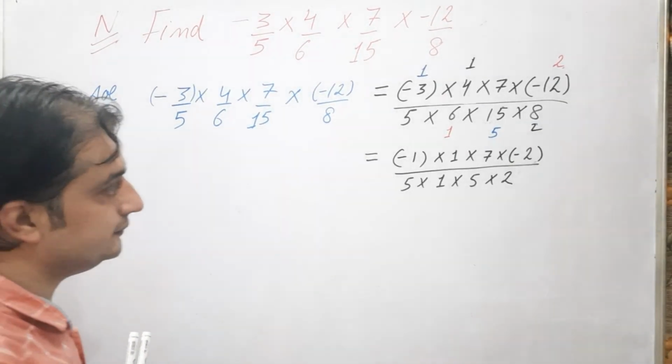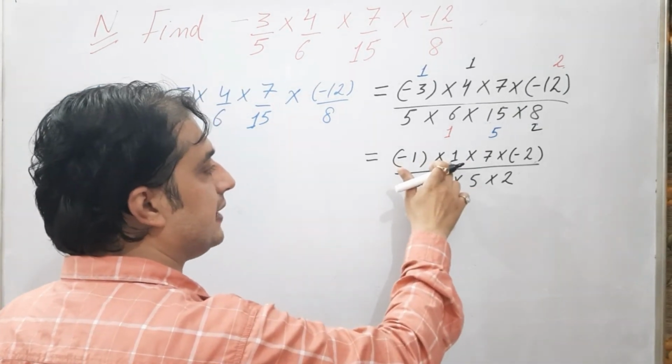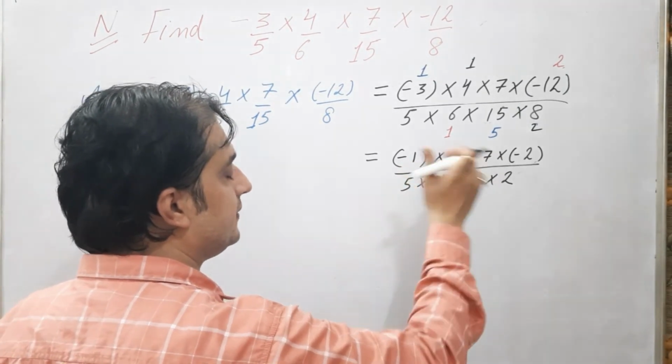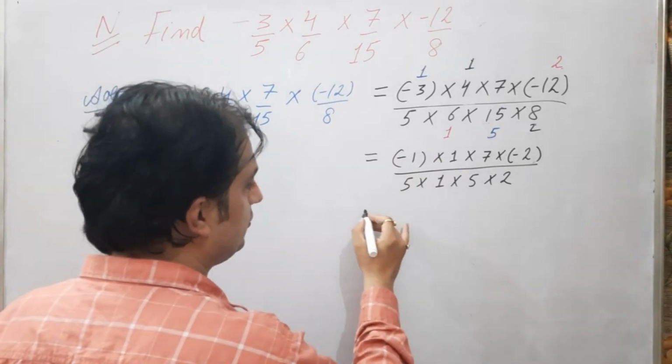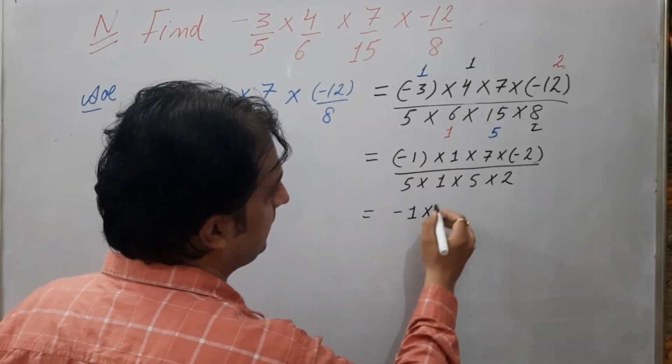So multiply 1 by 1, positive, negative minus 1 multiplied with 7 again.